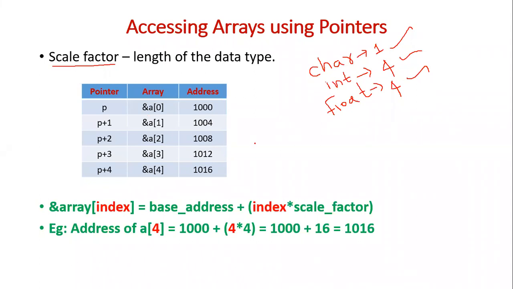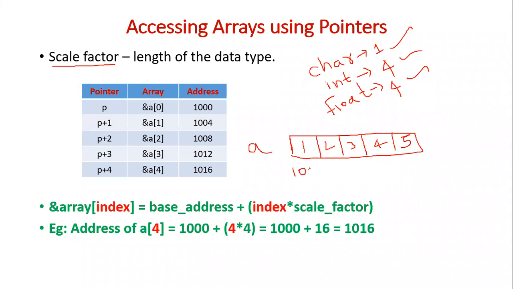Now let us consider the same example we have taken. The array A contains the values 1, 2, 3, 4, and 5, and the starting address is 1000. The first location is index 0 and the last location is index 4.